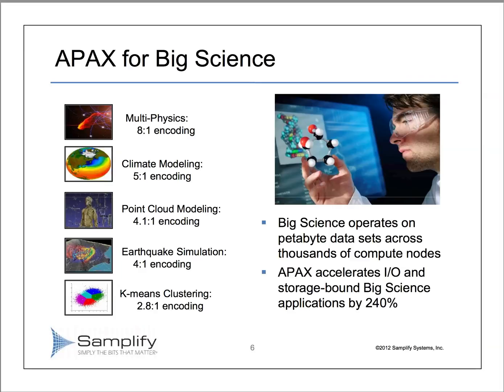K-means clustering, very important for financial modeling, 2.8 to 1 encoding. So an average of 3 to 8 times reduction in the memory storage and I/O transactions, resulting in a corresponding speed up in the applications that are performance bound by those constraints.